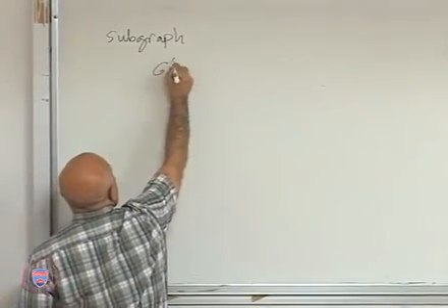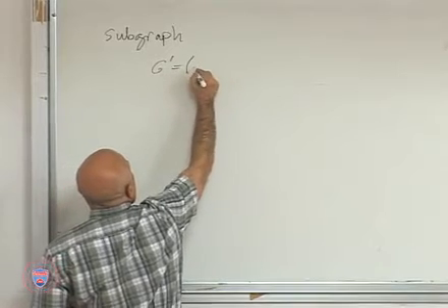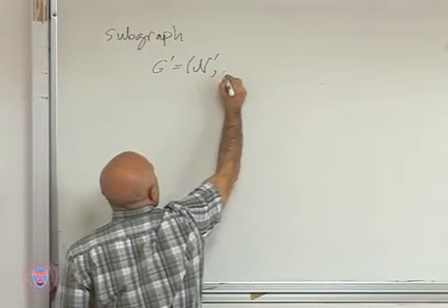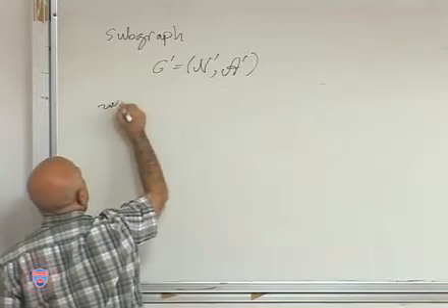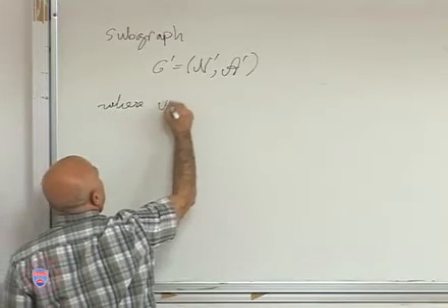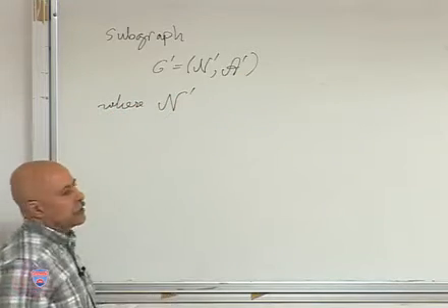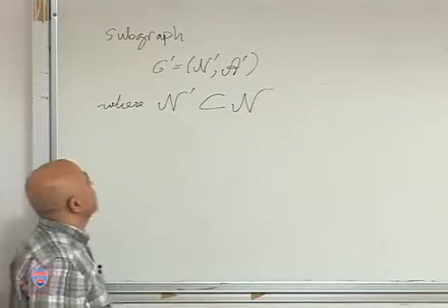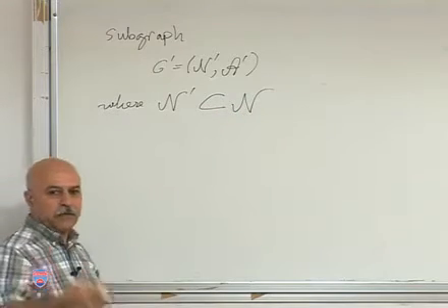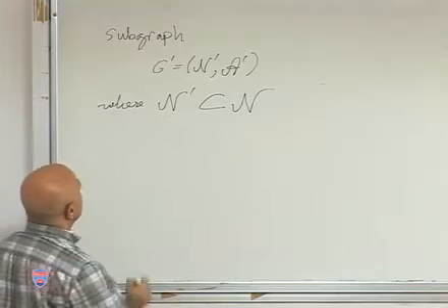All right, what's a subgraph? A subgraph of a graph G is another graph where the node set is a subset of the given graph. Of course, we're talking about a subgraph of a graph G. Okay?